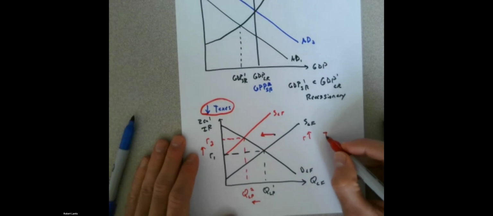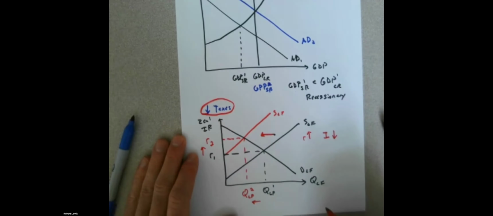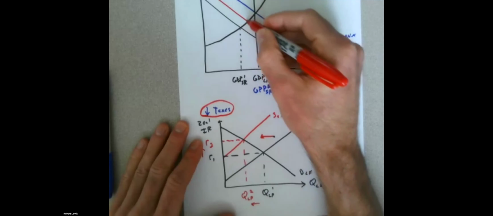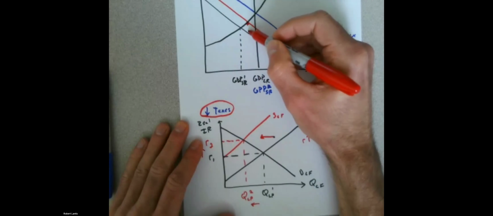So what are we going to see from investment in physical capital? Well, if it's more costly to borrow, we'll actually see that decrease. Investment was one of the components of aggregate demand. So if we see investment decrease, that's going to cause our aggregate demand curve to decrease.